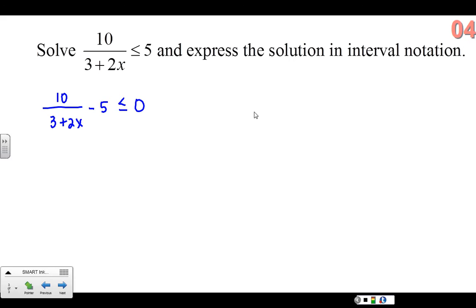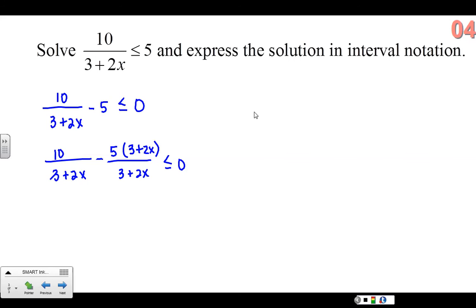Now, we need a common denominator. Of course, the only denominator we see is the 3 plus 2x. So I've got 10 over 3 plus 2x minus 5 times 3 plus 2x over 3 plus 2x. So we're really multiplying by 1, but I'm just changing the way it looks a little bit.